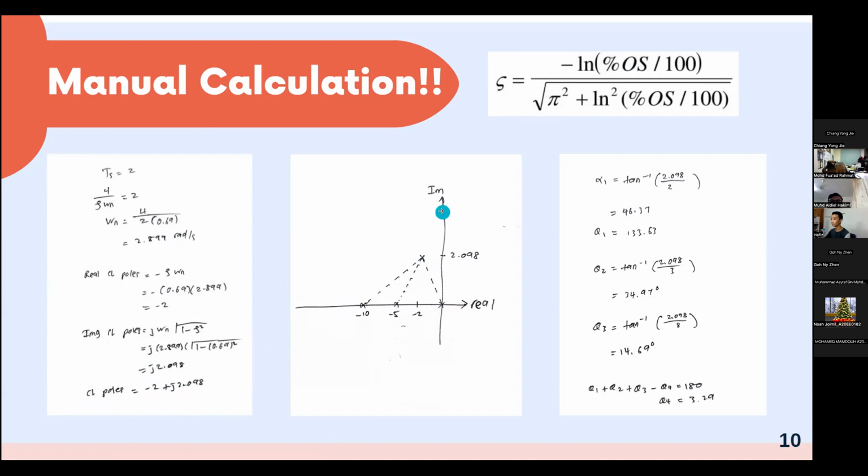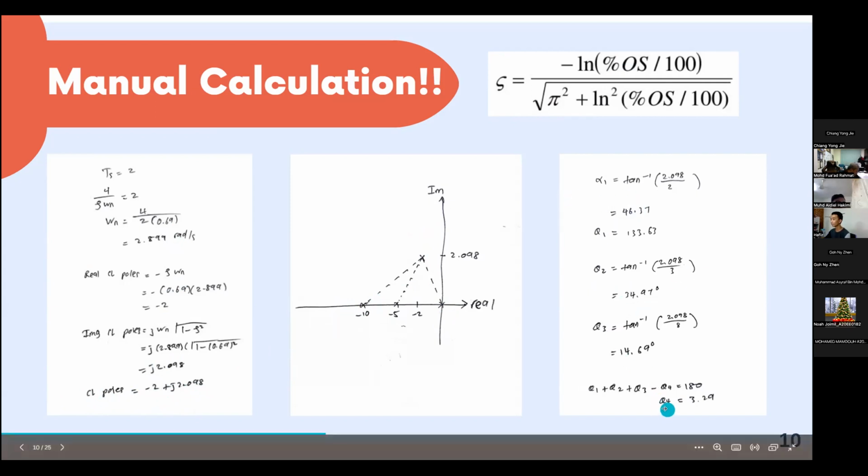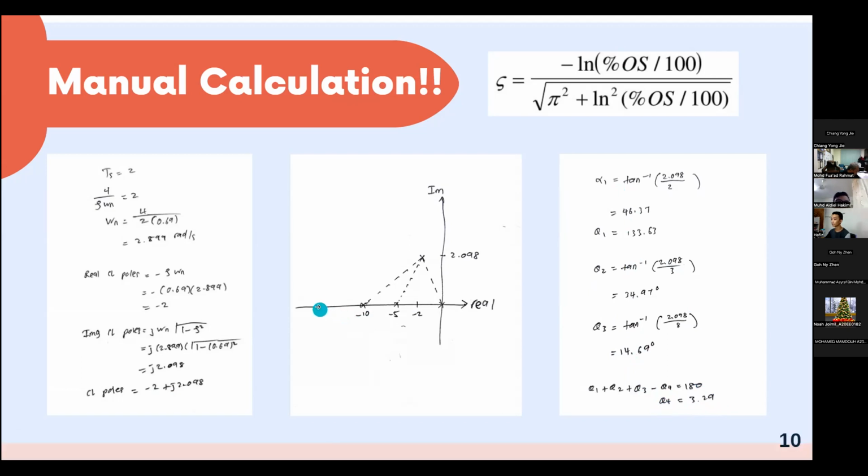So we use this graph and we calculate the angle of each to find the angle of the required zero. Use this formula, and the angle is 3.29 degrees, which is located somewhere around here.